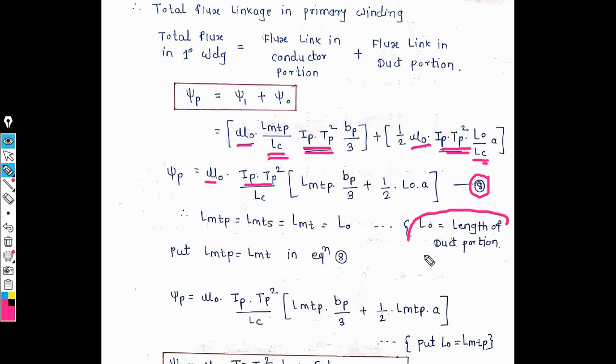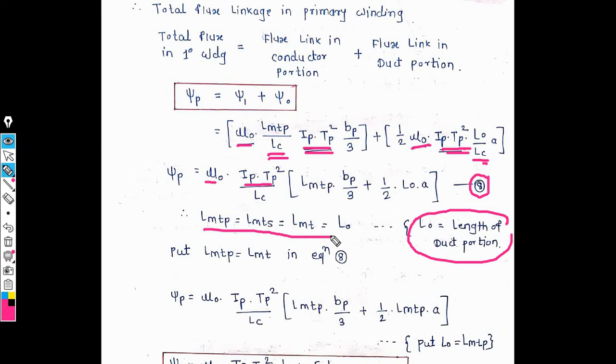That means for the concept of flux linkage, the length of mean turn of primary winding is the same as that of the secondary winding, also the same as the length of mean turn, and also the same as the length of the duct portion.